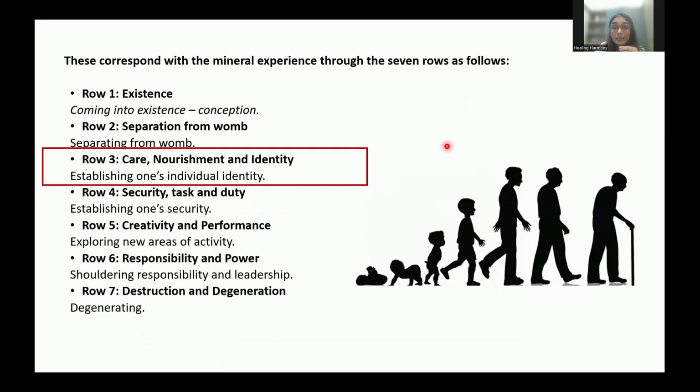And at this intersection, starting from row 1 to row 7, one is going through the different developmental stages of a human being. And row 3 is at a stage of development which is infancy. The stage of development where it's all about care, nourishment, and identity. This is the first time, yeah, from the mother's womb, there is a separation.